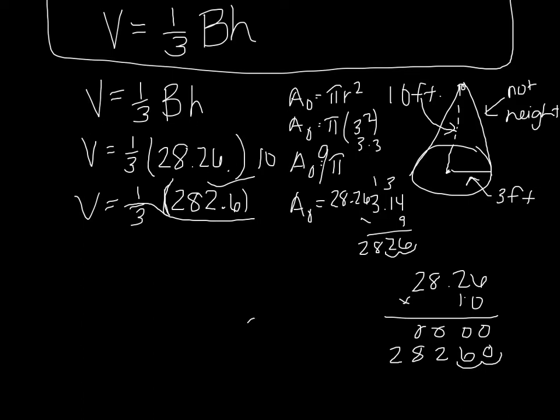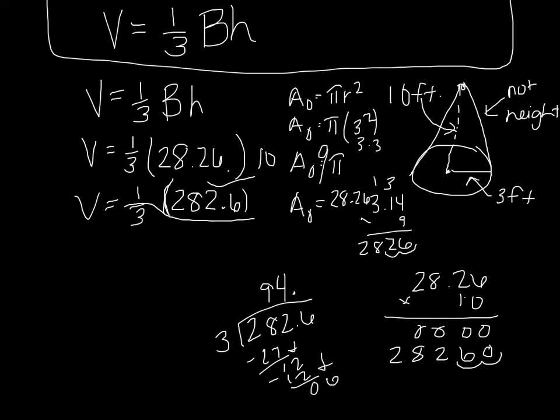So let's see. 282.6 divided by 3. 3 is going to go into 28 9 times, minus 27, I'd get 1. 3 goes into 12 4 times, bring up my decimal point, minus 12 is 0. 3 goes into 6 2 times. So, well, that was kind of easy. The volume equals 94.2.